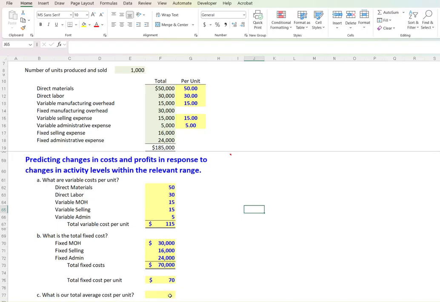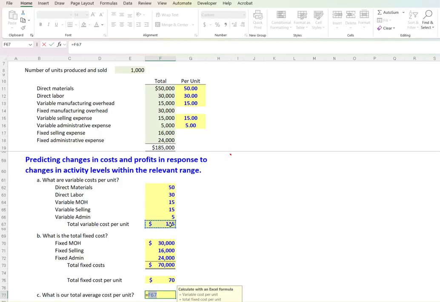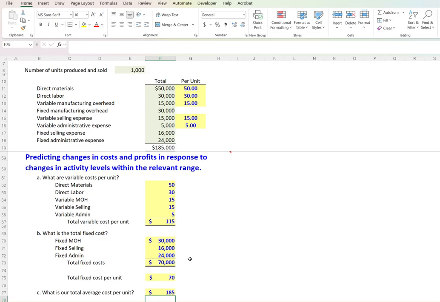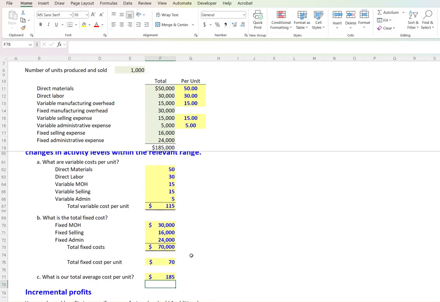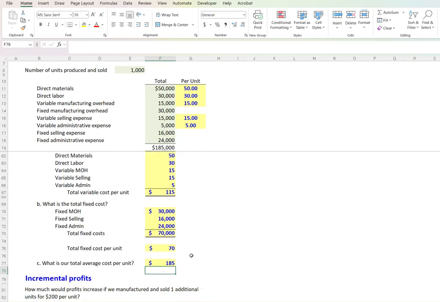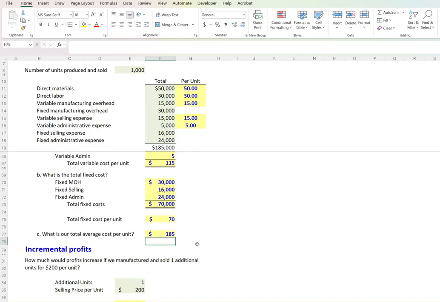What's our average total cost per unit? Our average total cost is our 115 variable plus our 70 fixed, or 185. And just as we found before, our average profit per unit is going to be $15.